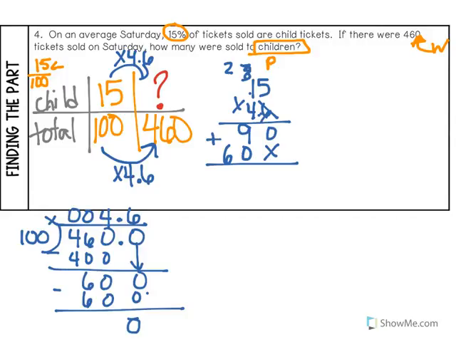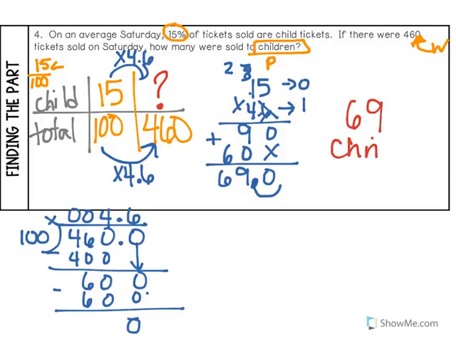And then I'm going to add and count my decimal places. 15 had no decimals, and 4.6 had 1. So my answer should have 1. So I know that there are 69 children that received a ticket.